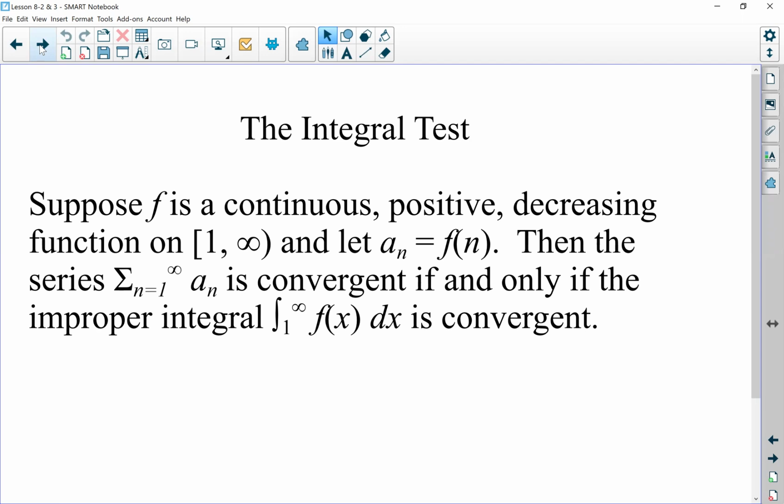Then the series is convergent if and only if the improper integral from 1 to infinity of f of x dx is convergent. So if you remember back to chapter 6, I believe it was, when we talked about improper integrals, that's where we're going to kind of continue.